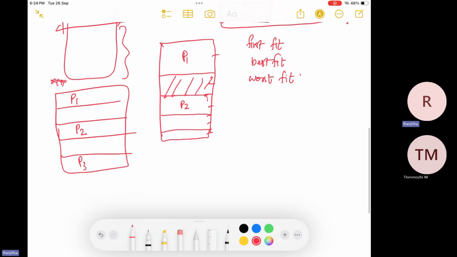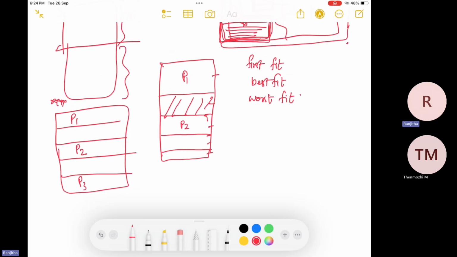In the best fit approach, P1 will come and look at all the blocks. For example, P1 is 4 MB and this block was 10 MB, which was already occupied.